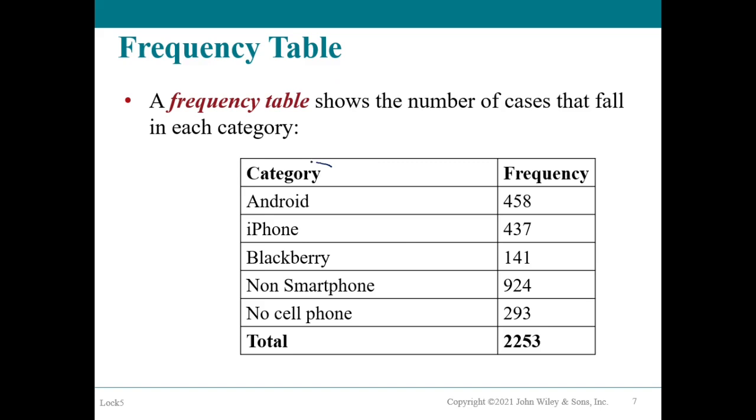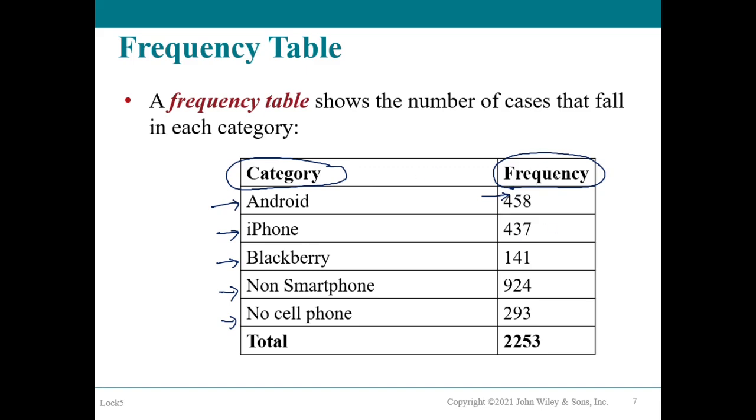This is a particular way to summarize the result. Here you can see the category name, what kind of category it is, and then in this column the corresponding count, which we call frequency. These are the values for the categorical variable: Android, iPhone, BlackBerry, non-smartphone, no cell phone, and these are the corresponding counts. We call this frequency.